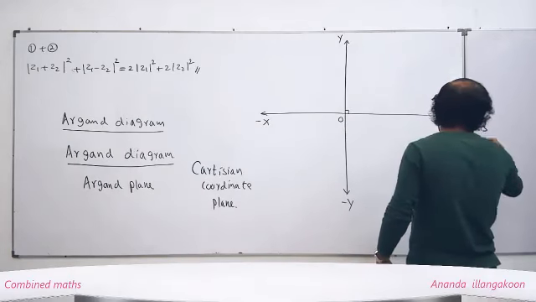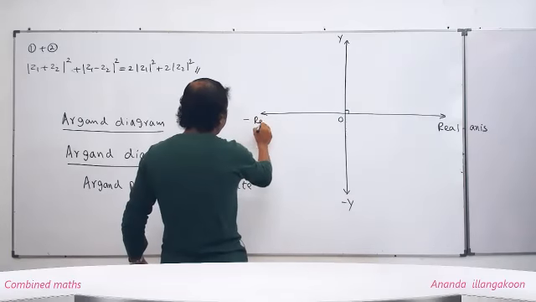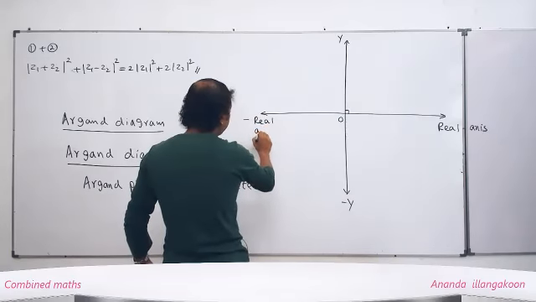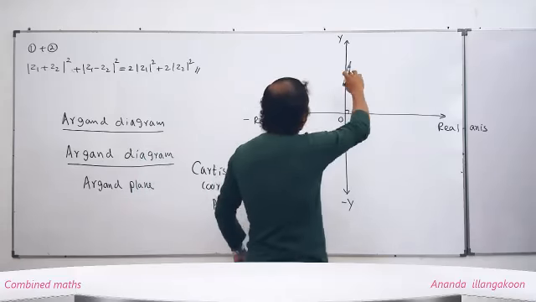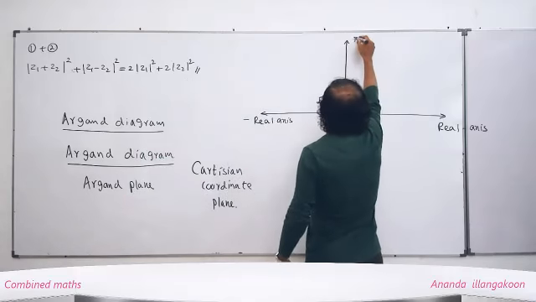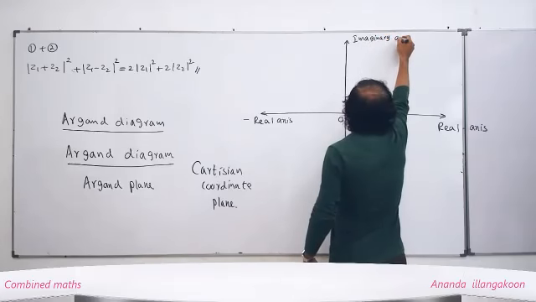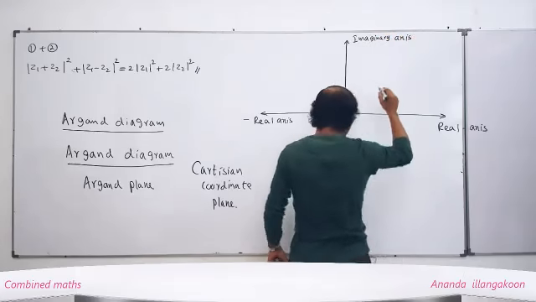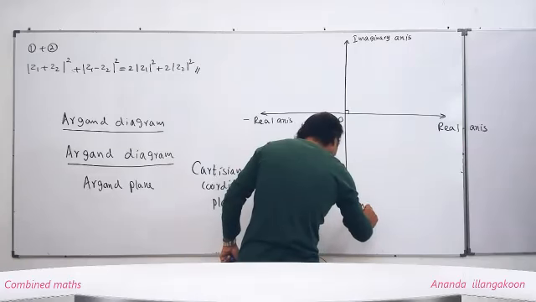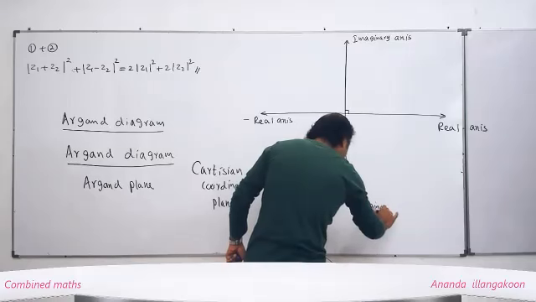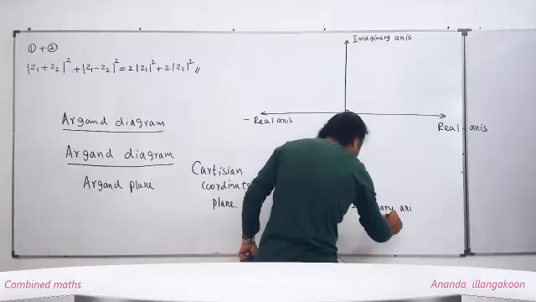Positive real axis is this. This is the negative real axis. This is called, people, not the y-axis, the imaginary axis. Okay, this is the negative imaginary axis.